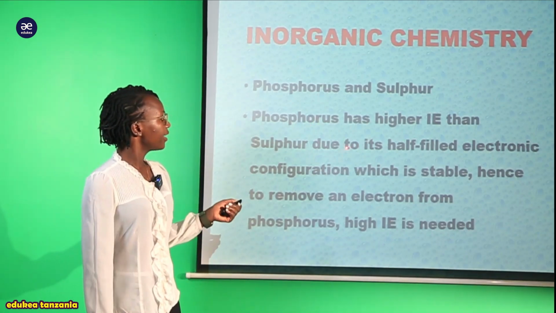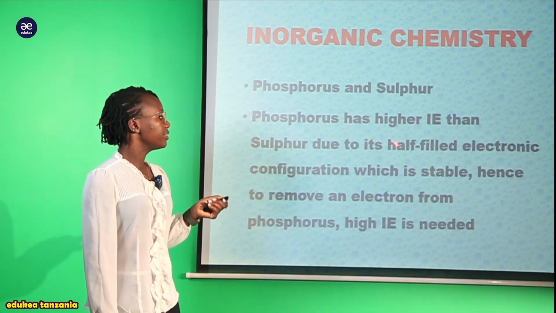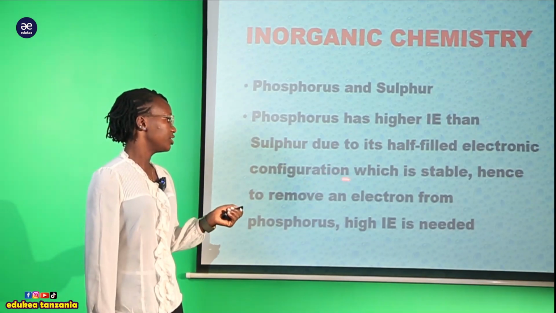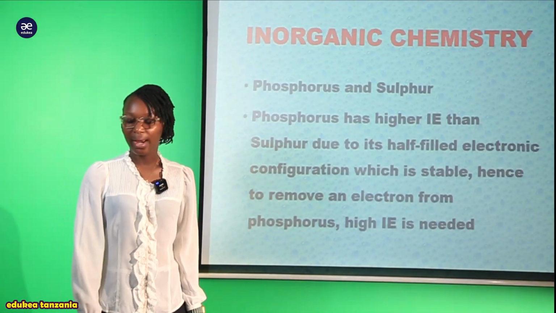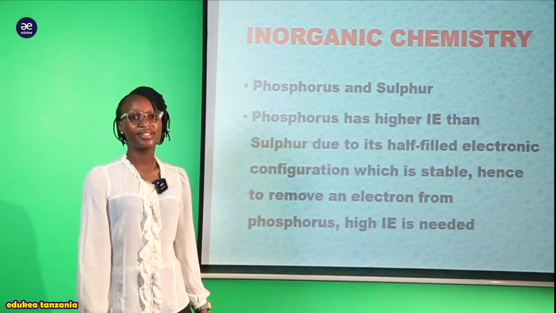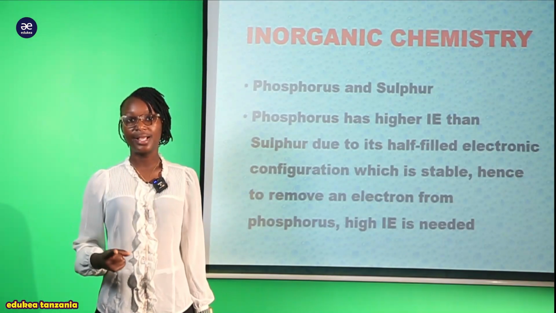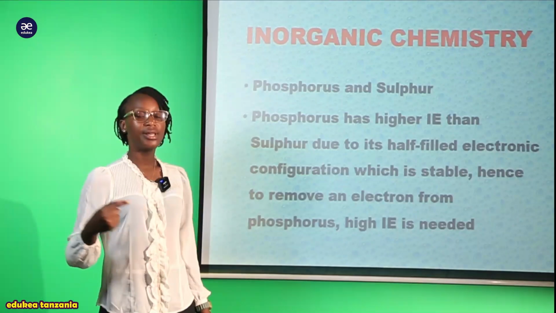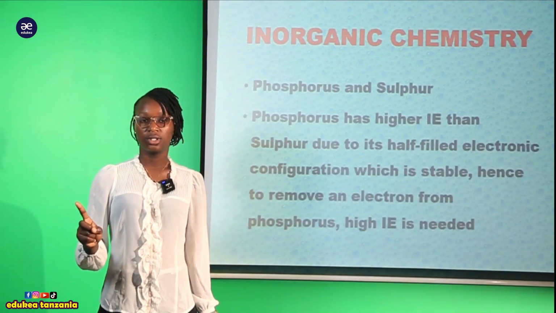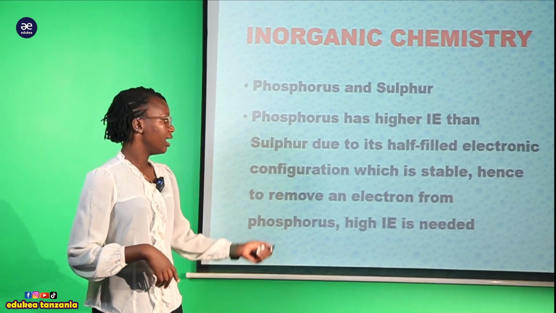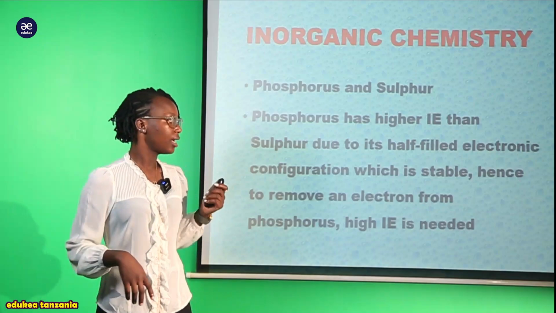Okay, phosphorus has higher ionization energy than sulfur due to its half-filled electronic configuration which is stable. Sasa tunapokuja kwa phosphorus anakuwa na higher ionization energy ukikompare na sulfur kwa sababu ya kitu hiki kimoja. The issue of electronic configuration huwa ina half-filled, ina maana ile orbital yake imekuwa fulfilled with one electron, which exhibits the half-filled electronic configuration, and this one is actually stable.